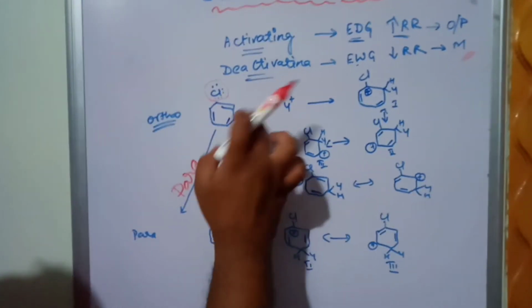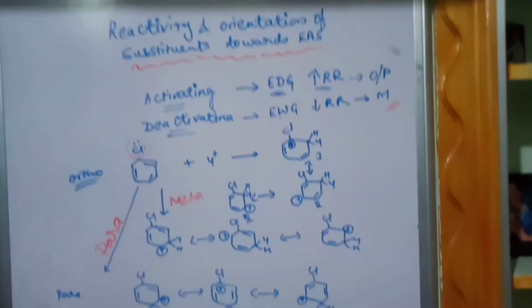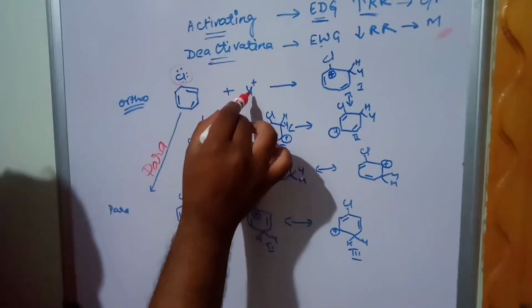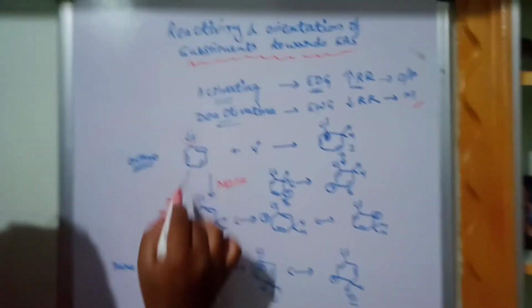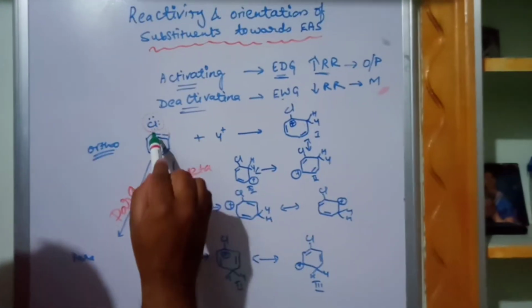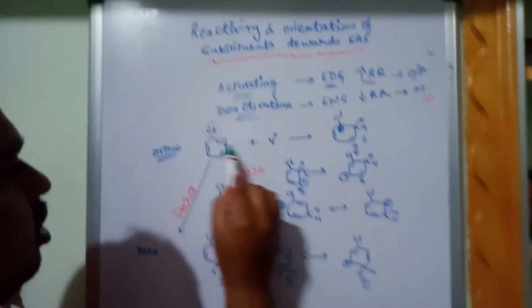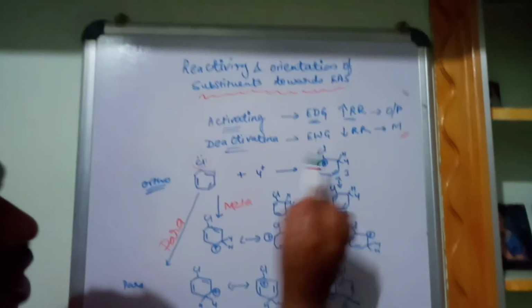The first question is why these electron withdrawing groups are deactivating groups. Now when the electrophile attacks the ortho position, what happens? This will give the electrons. As a result, Y will come and attack here, H. The next carbon takes the positive charge.